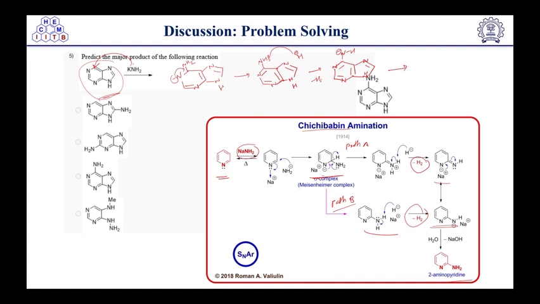So after this one, the next step is hydrolysis. So this is the product we will get here in the Chichibabin reaction. So the product is option number three. Okay, got it?